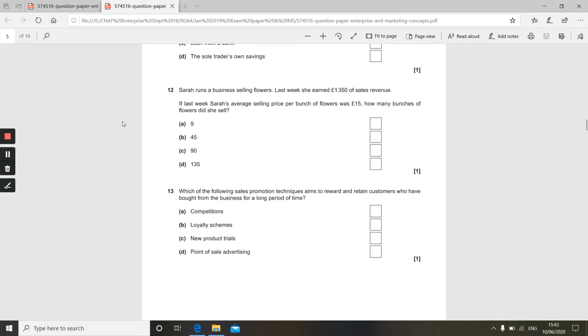So you've got the total sales revenue, you've got the price, but you just need to work out the amount that she sold. The formula for sales revenue is price times quantity, so here you just need to rearrange the formula. You're given the price, you're given the sales revenue, you just need to work out the quantity. So rearrange it and work out the answer.